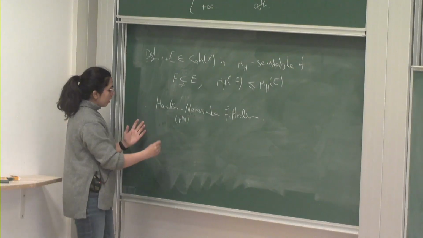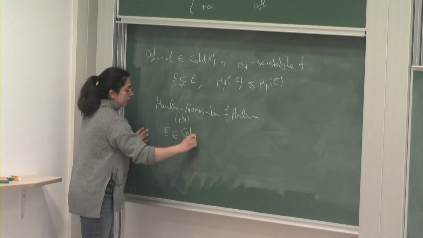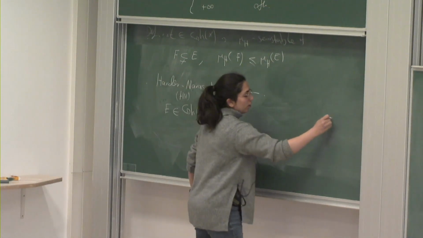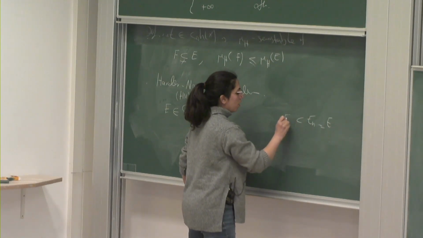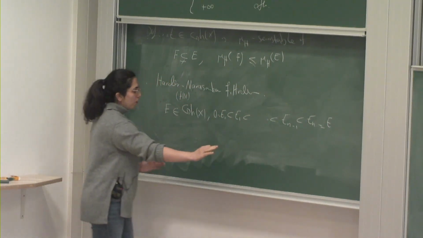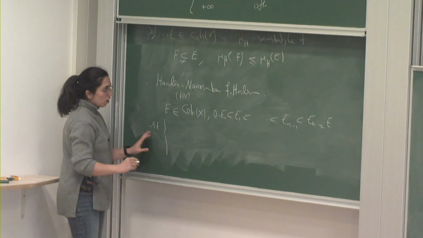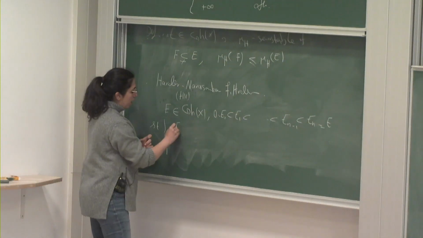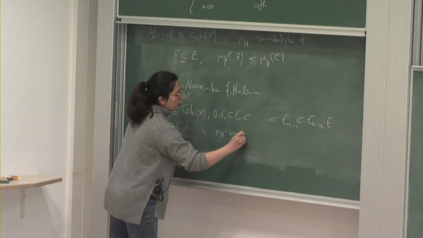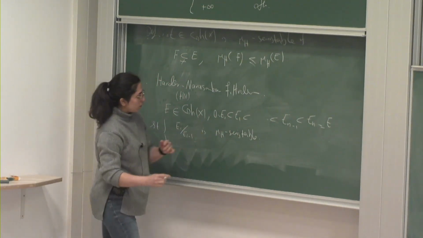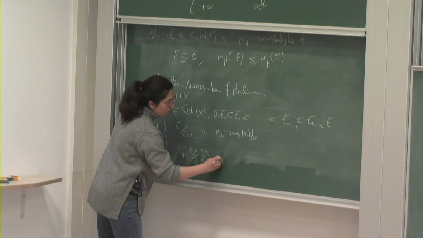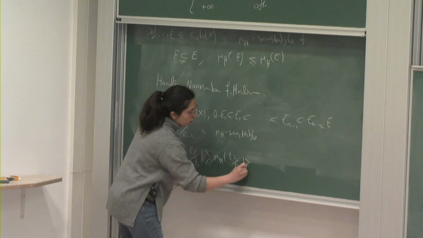It just says that for any object E in this category, for any sheaf E, there exists a finite filtration like this, such that each of these factors, E_i over E_{i-1}, is μ_H-semistable, and the slope decreases: the slope of E_1 over E_0 is bigger than the slope of E_2 over E_1, and so on.